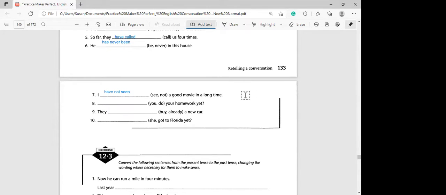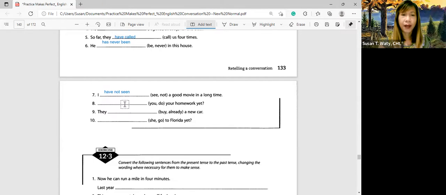Now, number eight. You, blah blah blah, do your homework yet? Remember, when you use the word yet, it's used with the past participle. Who else wants to try?